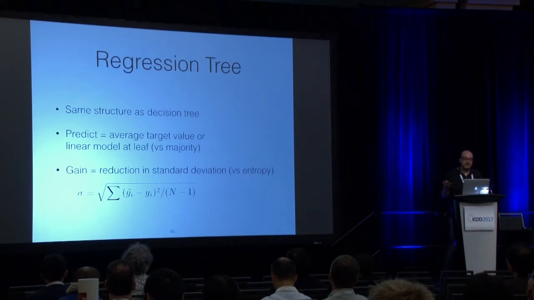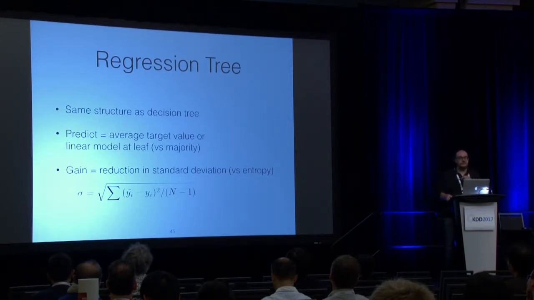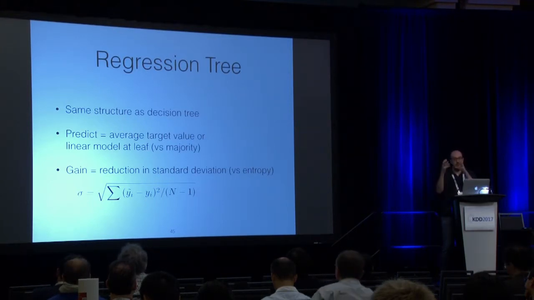For decision trees in regression, it's very similar. The only two changes we need to make are, first, we cannot use information gain. In that case, we want to reduce the variance. We want the instances that are in the same leaf to be really similar, so the variance should be small.